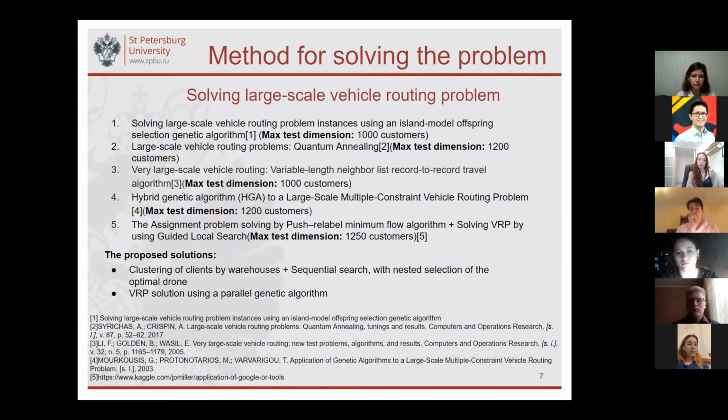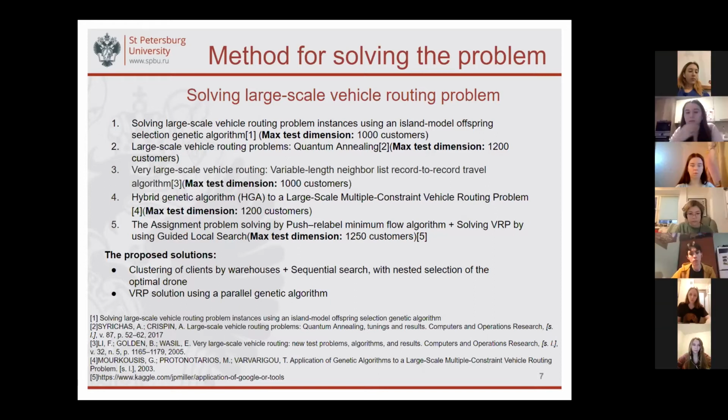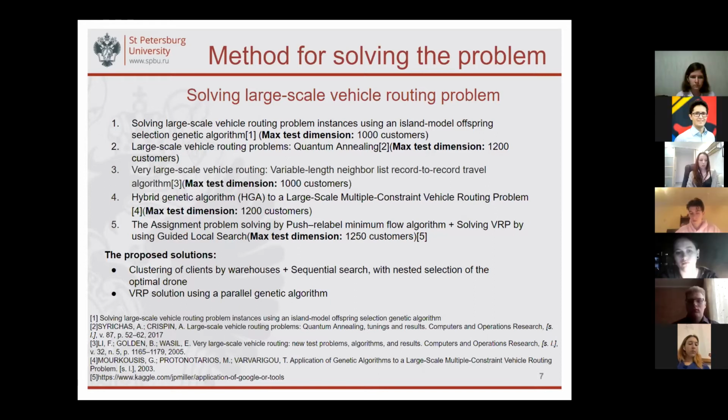On this slide, you can see solutions that we studied during the overview stage. The two main approaches used for large-scale VRP are the decomposition method and the genetic algorithm. These are the methods we chose for our solution.